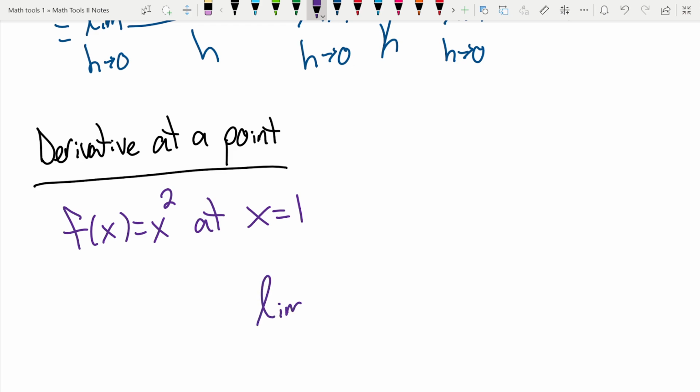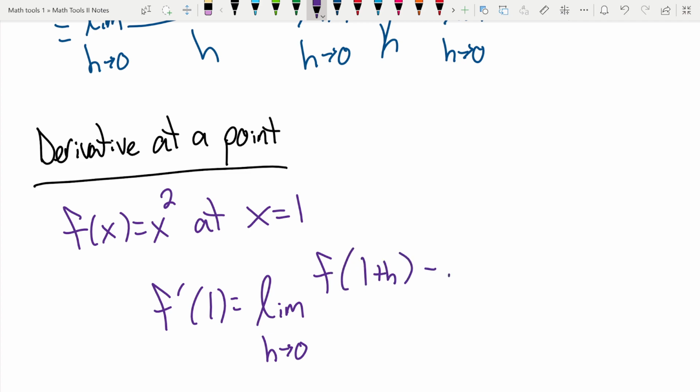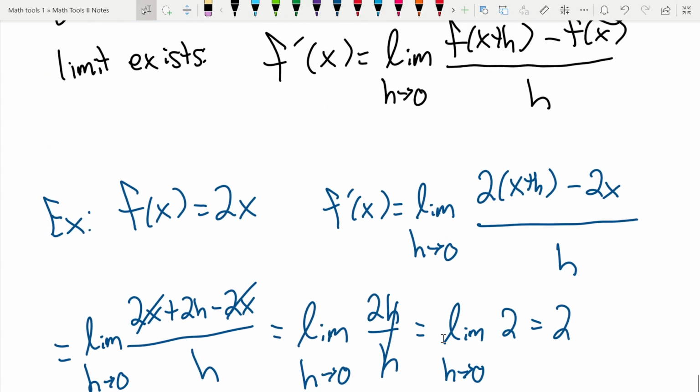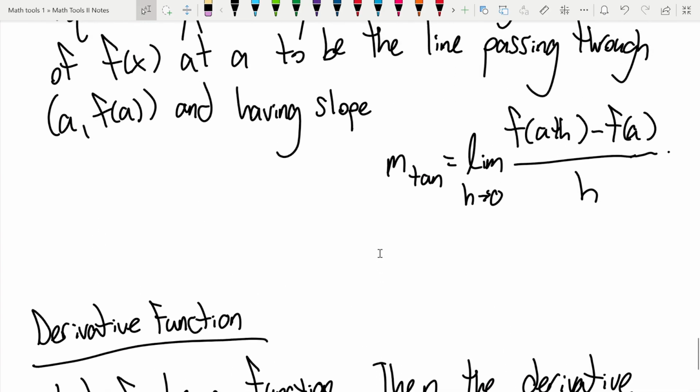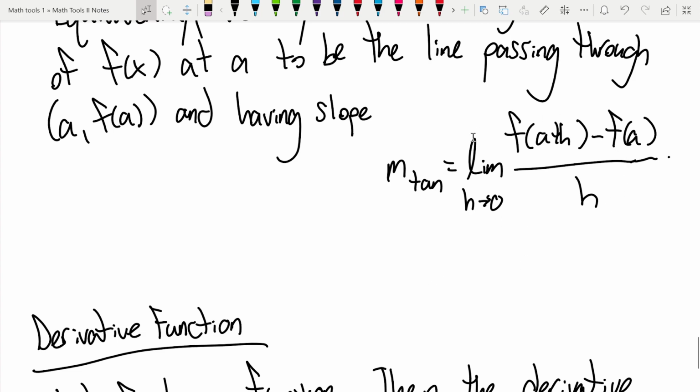So we would say that f prime of 1 is equal to the limit as h approaches 0 of f of 1 plus h minus f of 1 over h. Okay, so this is using, just scroll up here, this definition right here, right?